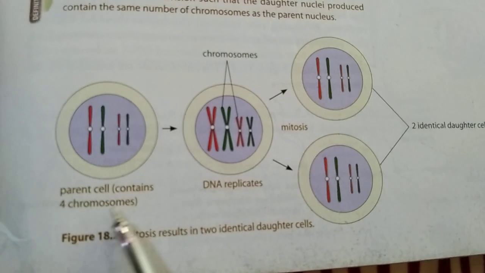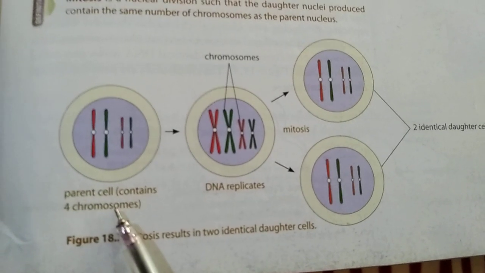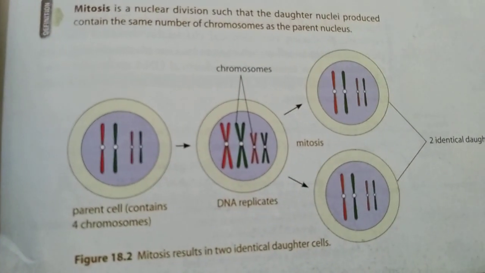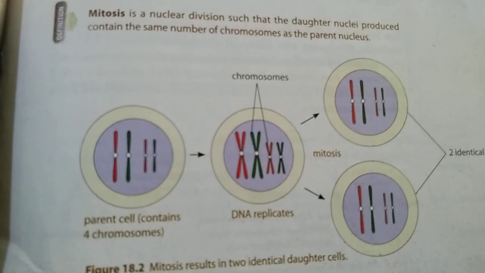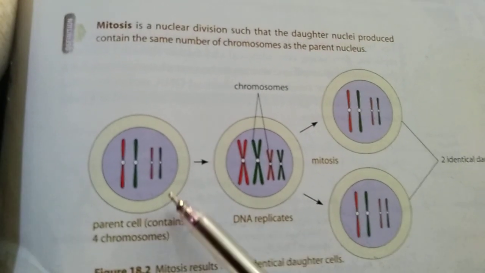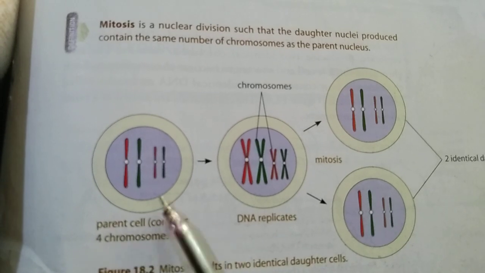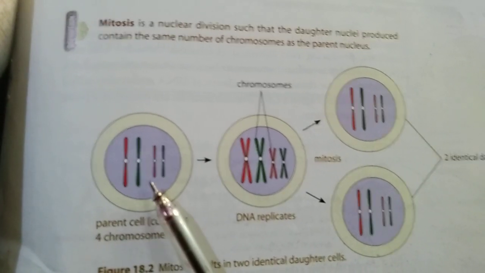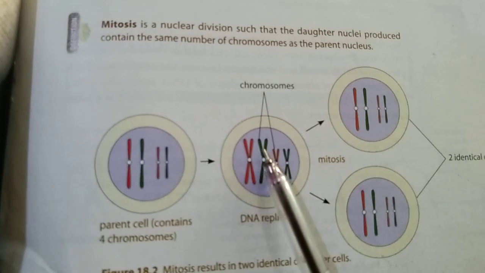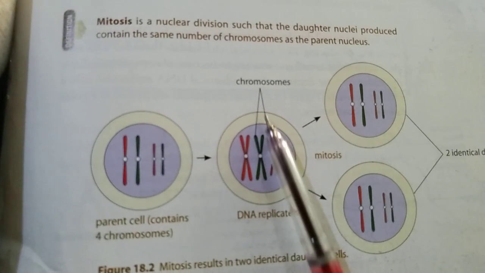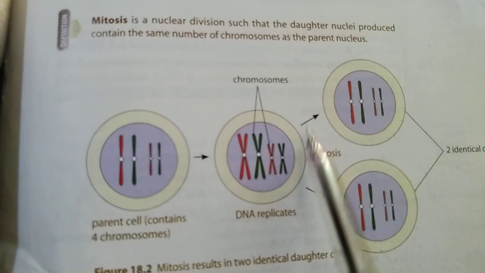Parent cells contain 4 chromosomes. It means a human has 46 chromosomes in cells. Here we look at 4 chromosomes, 1, 2, 3, 4, and these thread-like structures are called chromosomes.